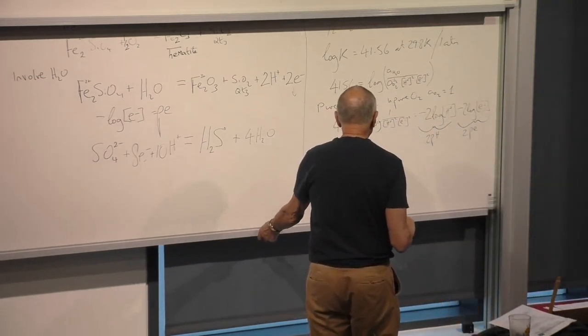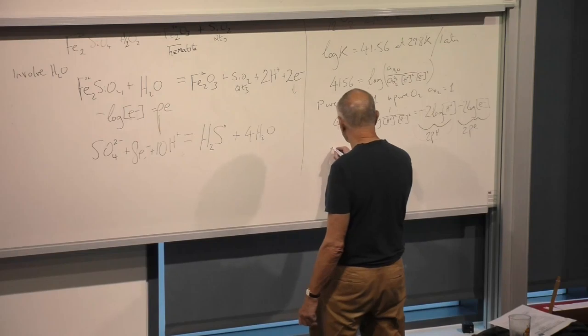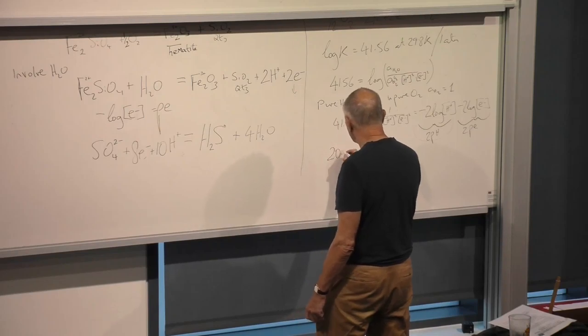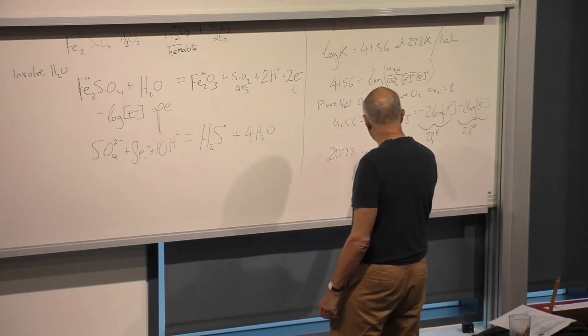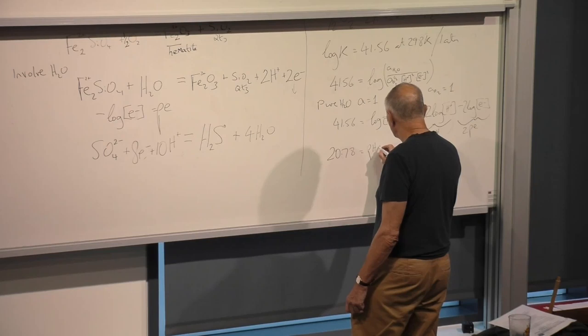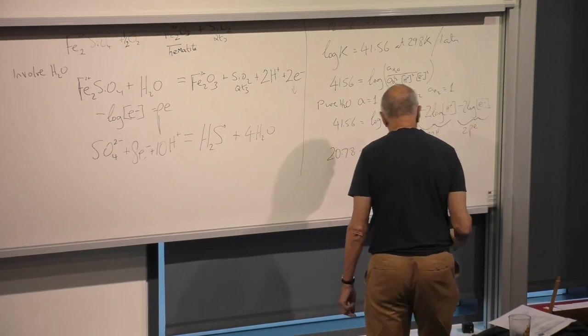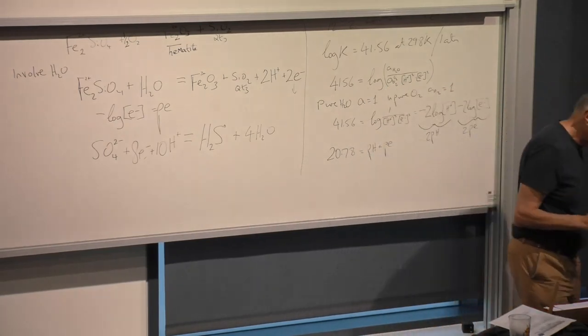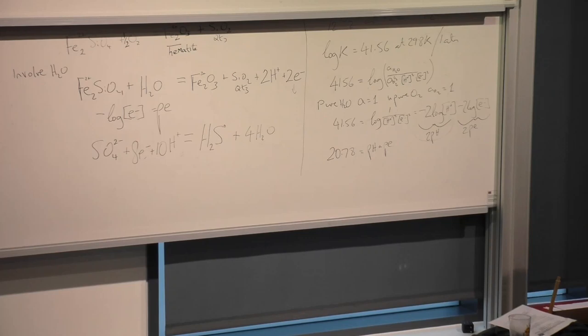So we divide by 2 and we get 20.78 equals pH plus pe. Okay, so what? Well, what we can do now is we can draw another diagram. Another kind of activity diagram.